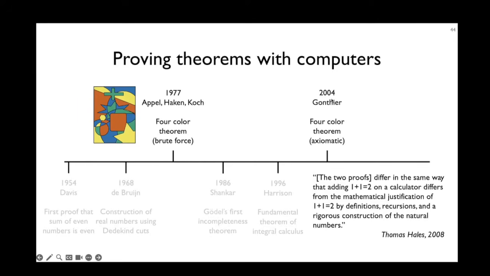After this was done, there really wasn't much more doubt in this proof anymore, because now we really have confidence that these people didn't introduce a bug into their code that then suddenly missed an edge case or something like that, and came up with the wrong conclusion about the proof.